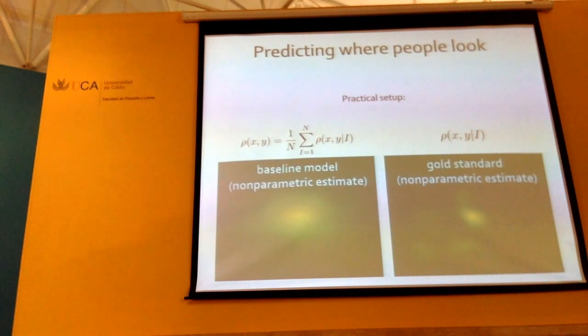And yeah, so we will use this average over all images as the baseline model, which doesn't depend on the image content. And we use this non-parametric estimate as a gold standard. Of course, we could probably do better than the gold standard if we had more fixations, but it's a good way to see how good the models are in predicting these distributions.